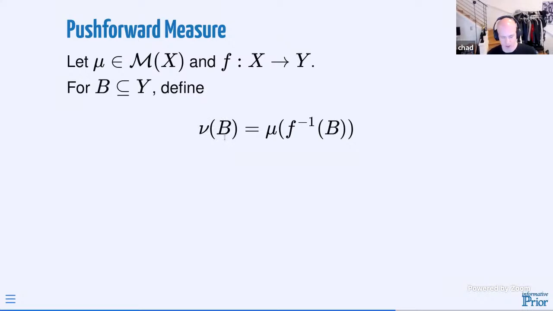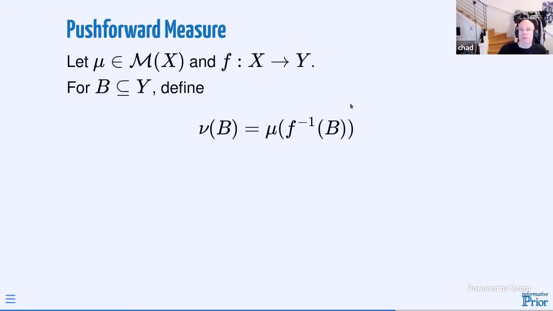If I have some measurable subset of y, call it b, I can take f inverse of b, and that gives me a subset of x. And then I can take mu of that subset. This is just the definition of push forward.